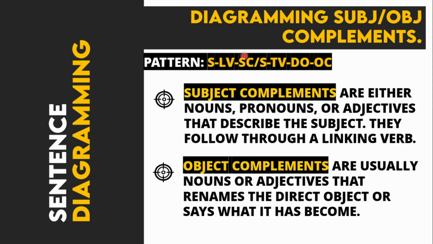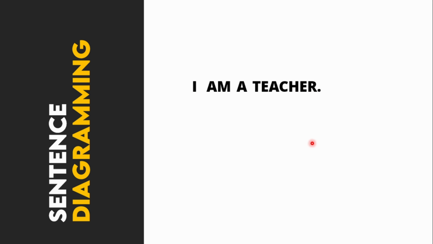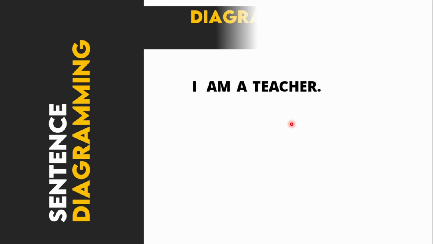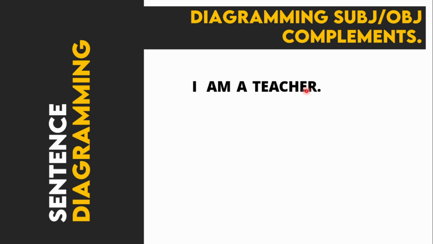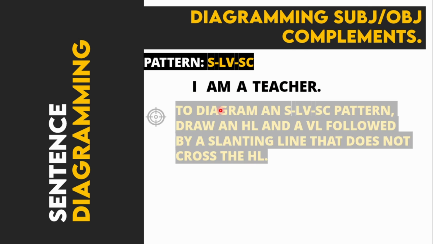Alright, in the diagram, this will become very apparent, because the SC points back to the subject, and the line that the object complement signifies points back to the direct object. An example of an SLV-SC pattern here is I am a teacher. The pattern once again is SLV-SC.